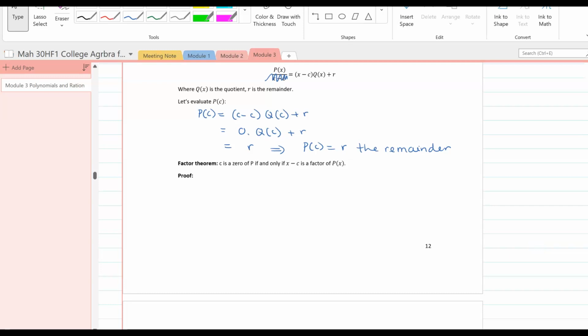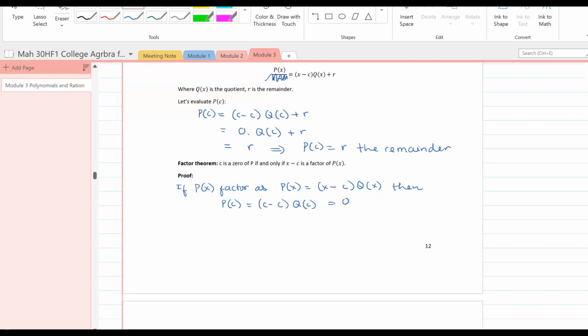If p of x is factored as p of x equal to x minus c times q of x, then the value p of c is equal to c minus c times q of c, and this is equal to 0. So again, c is a 0 of p.